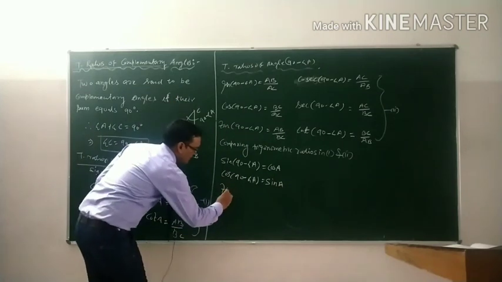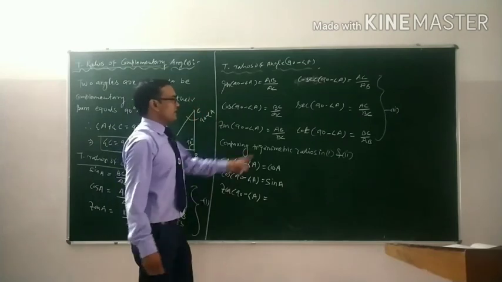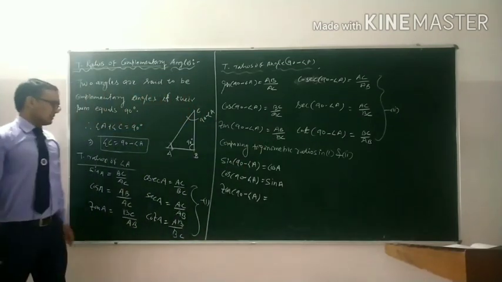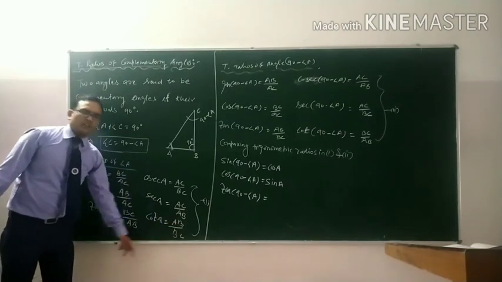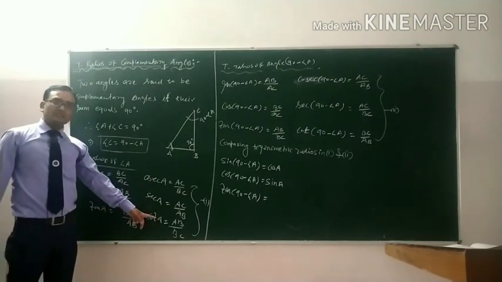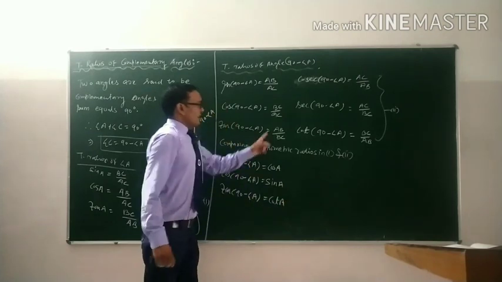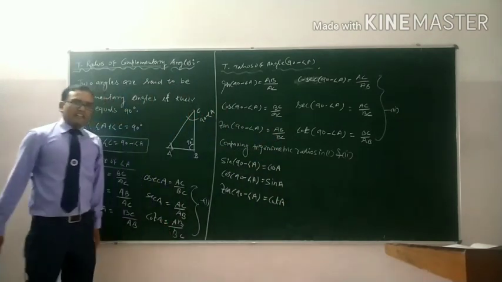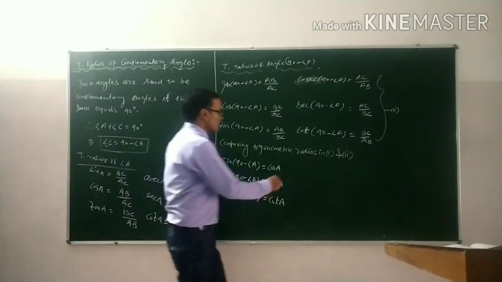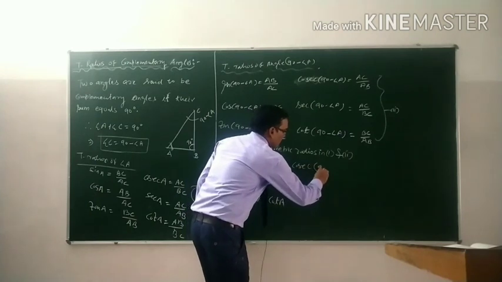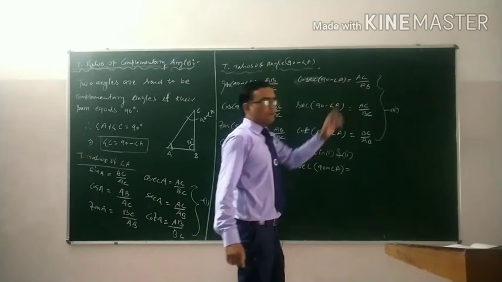And again tan 90 minus angle A is equal to AB upon BC. The value of AB upon BC is cot A. Okay students, then in place of AB upon BC, we write cot A. Cosec 90 minus angle A is equal to AC upon AB.